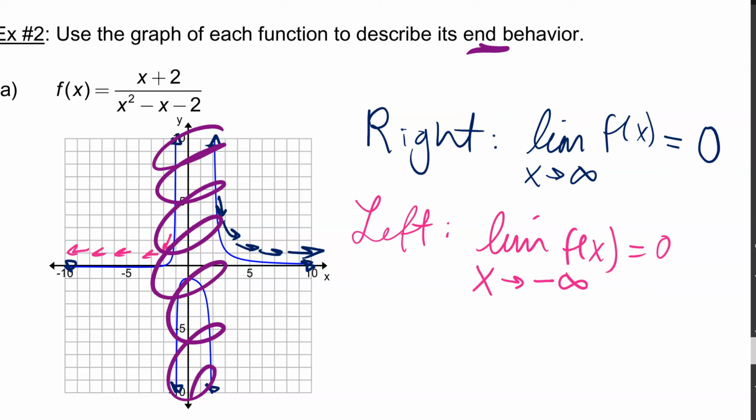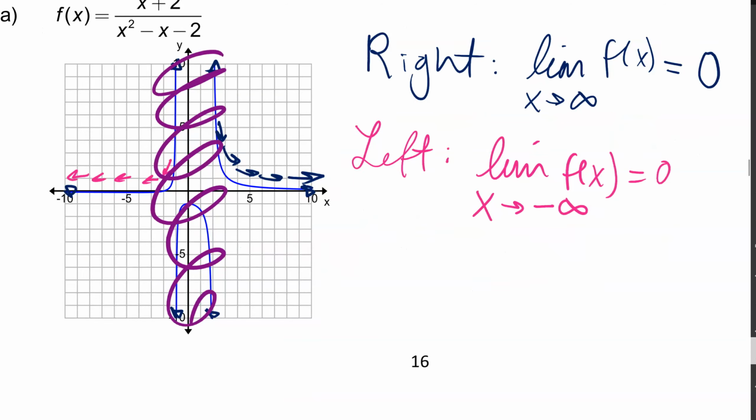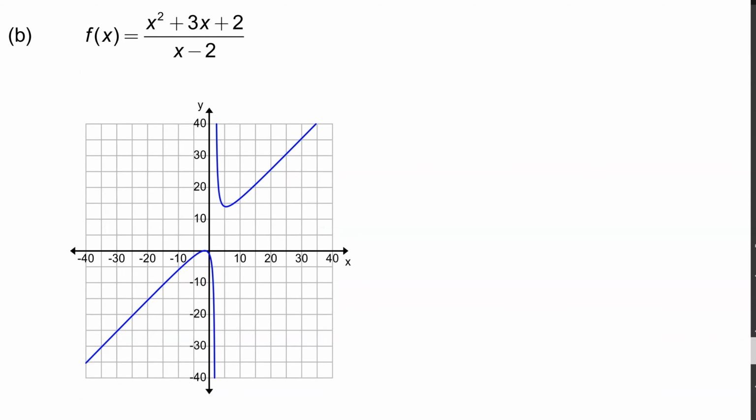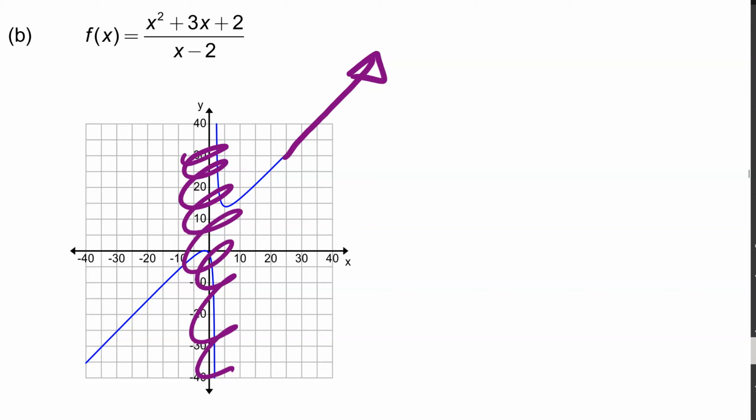Okay, take a look at the next example. Keep in mind, we're looking at end behavior. We don't care about what's happening here. The end behavior on the right side versus end behavior on the left side.